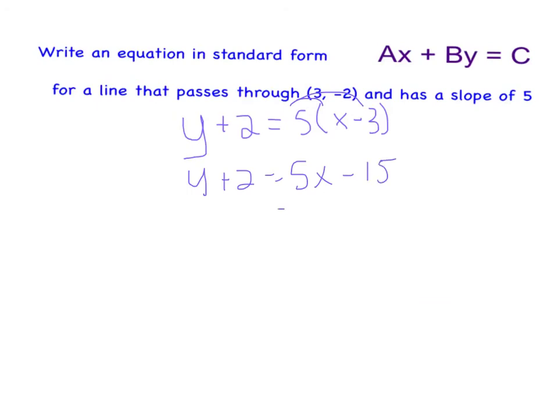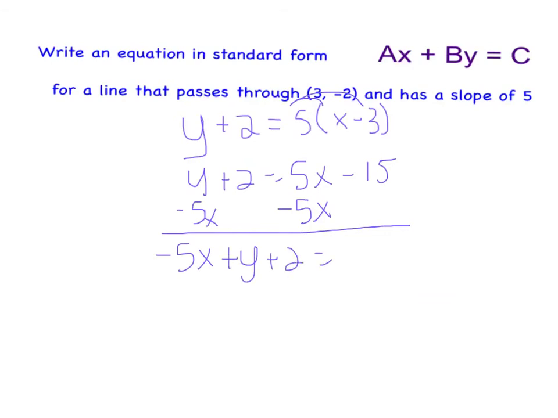Bring your x term over using inverse operations. So it's just like when we were putting it in slope-intercept form, but moving everything the other way. So negative 5x plus y plus 2 equals negative 15. And then we still have this plus 2 over here, so we have to subtract 2.